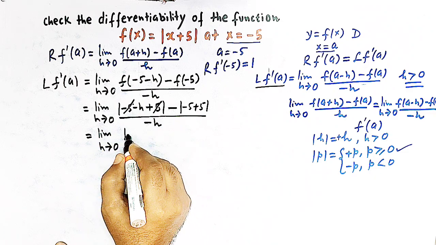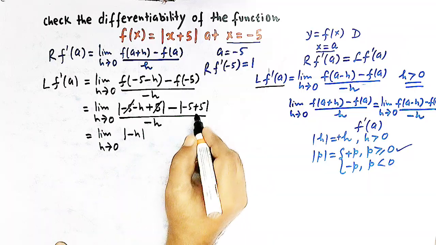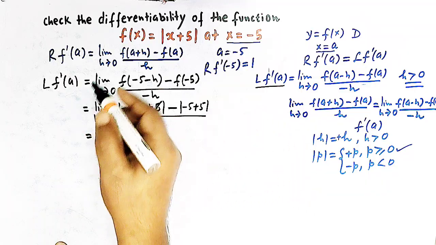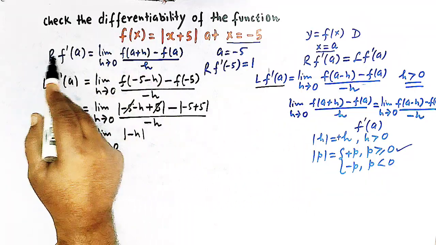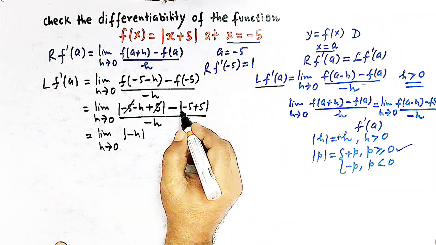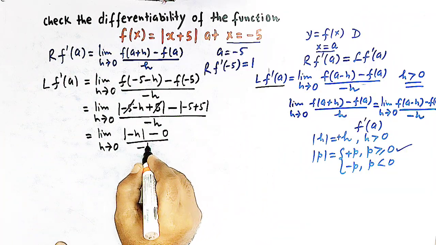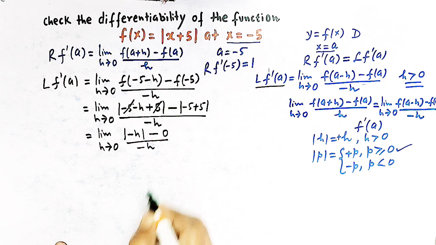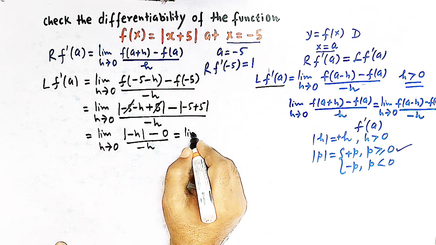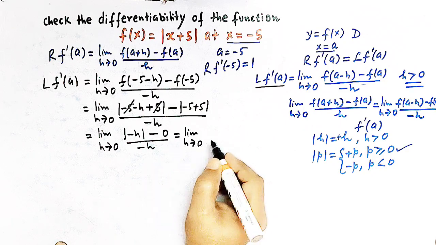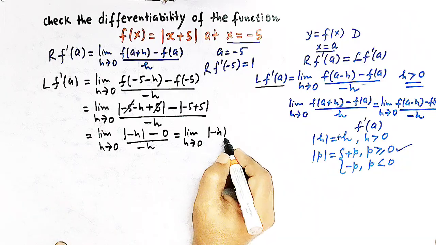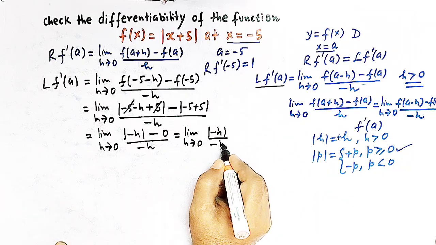We have mod of minus h, and here, as we have done in finding out the right hand derivative, this term is 0, and here we have minus h. So now we can write limit h tends to 0 and mod of minus h over minus h.